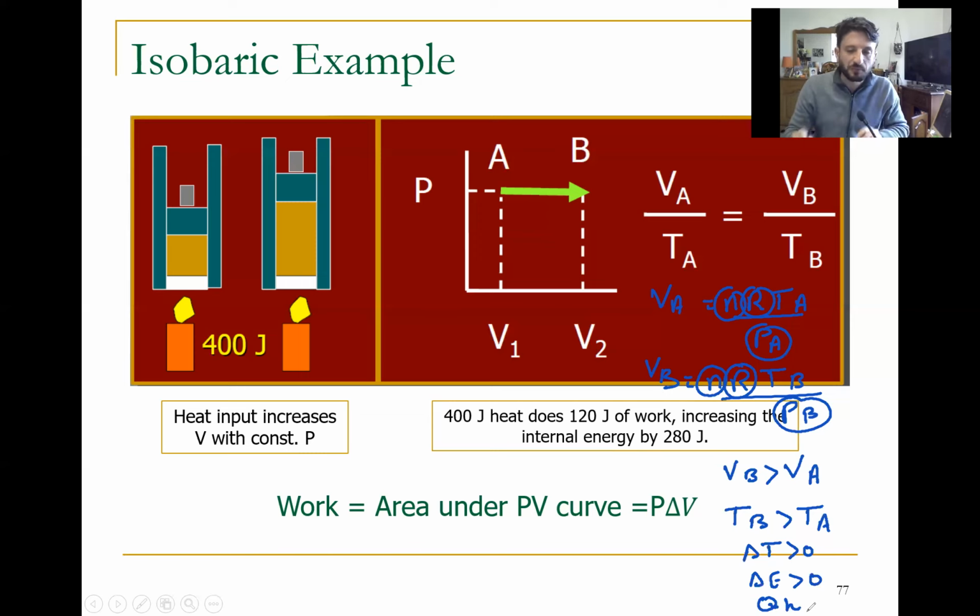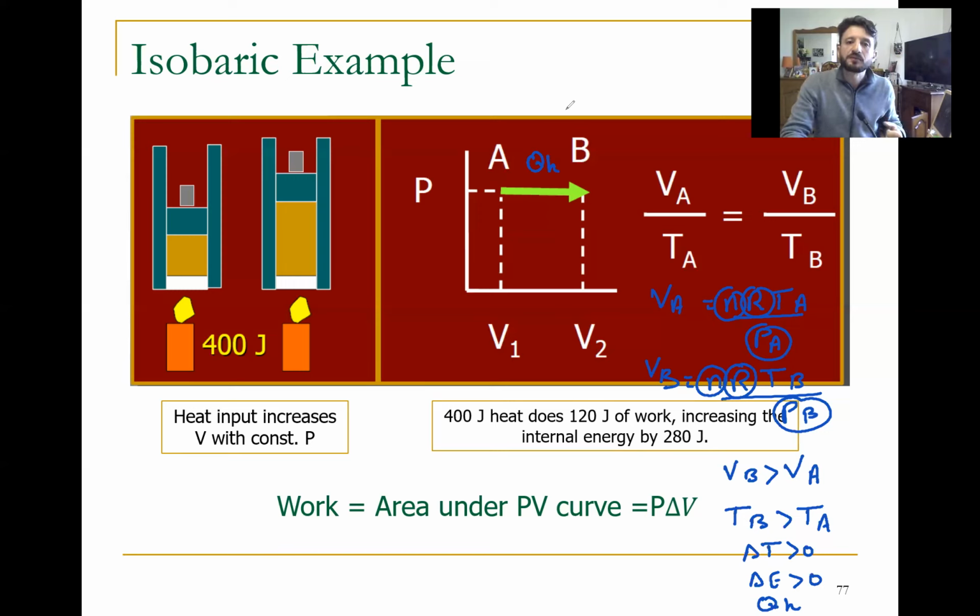You have to know this point. Delta E is positive, so we have Q hot. So from the point A to the point B, we have Q hot. I calculated the sign of Q by mathematical calculation, but you can understand this situation another way.